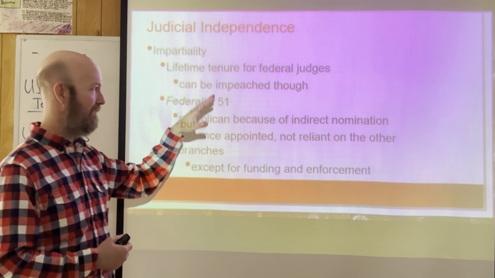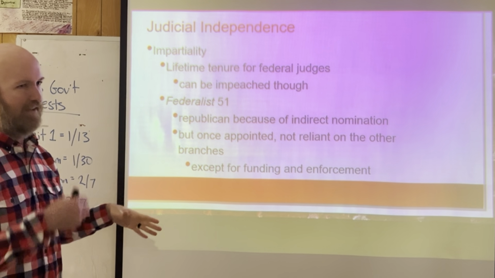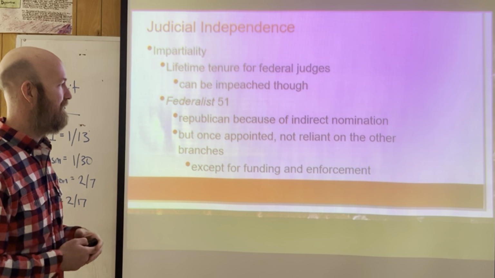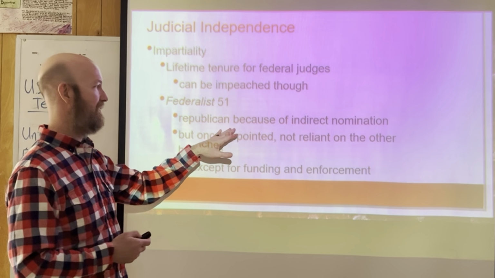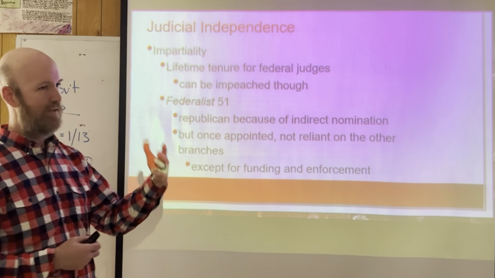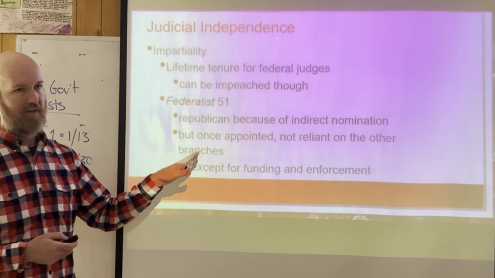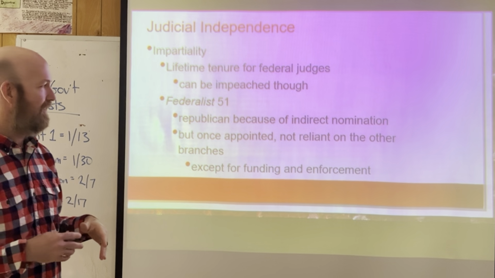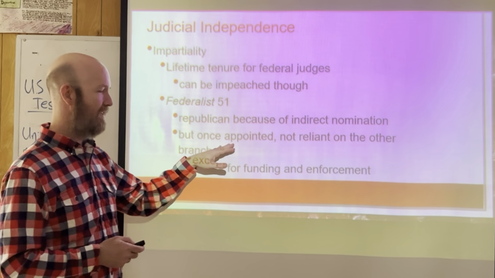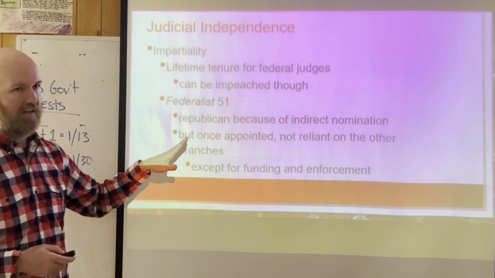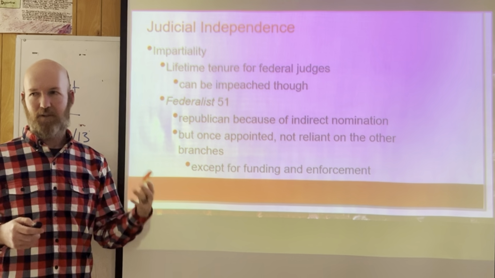So we don't elect federal judges, but we do elect the president and the Senate, who nominate and appoint federal judges. So we have that indirect process still of our representatives choosing judges for us. But then again, there's the balance of power, or separation of powers, checks and balances, that once they're appointed, they do not rely on the Senate or the House or the President anymore.